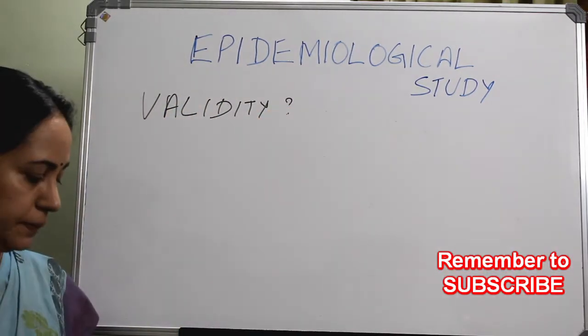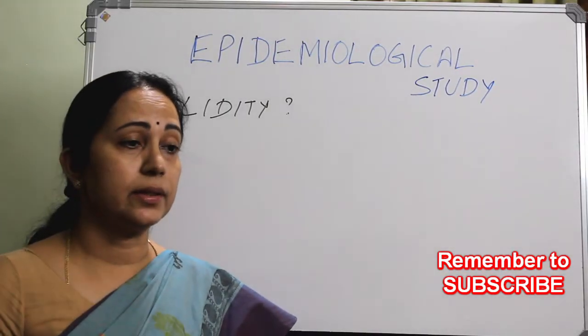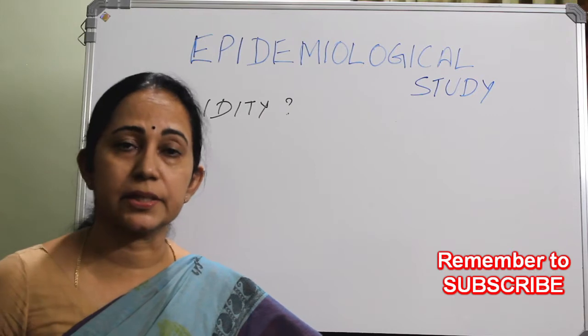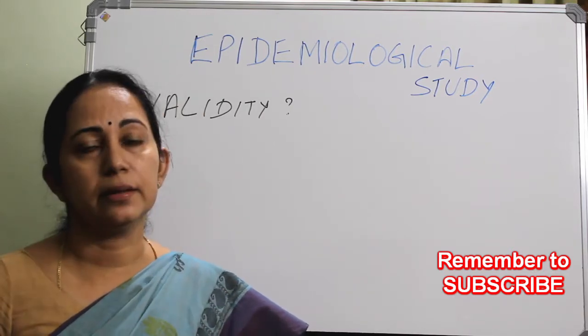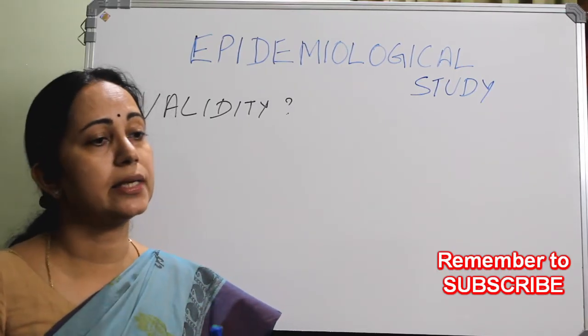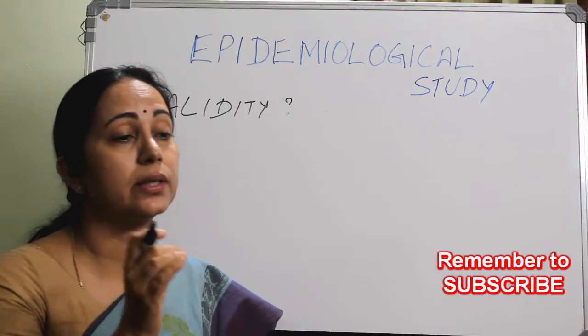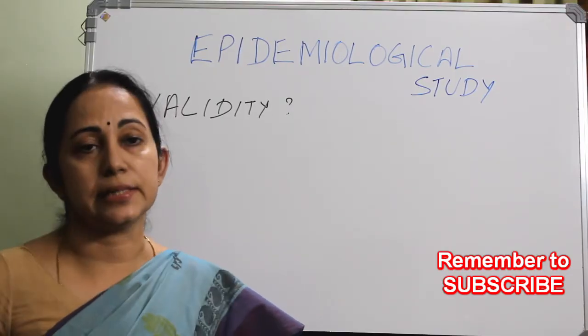What is validity? I am doing a study to find out the rate of depression in post-COVID patients. And in that study, I am using a tool to find out the presence of anxiety.